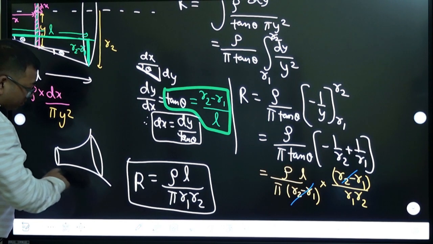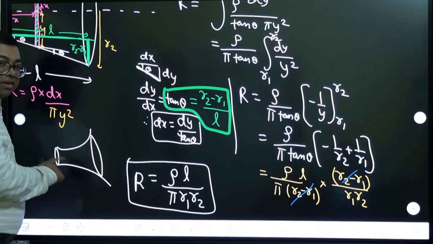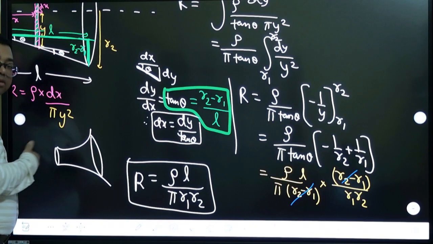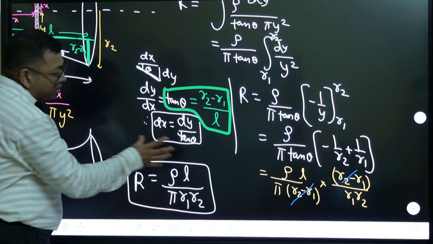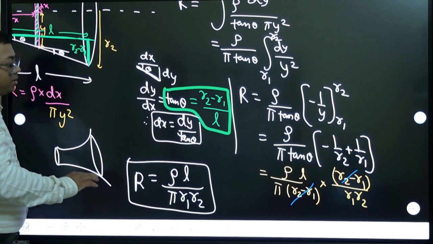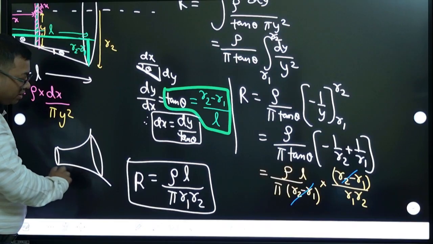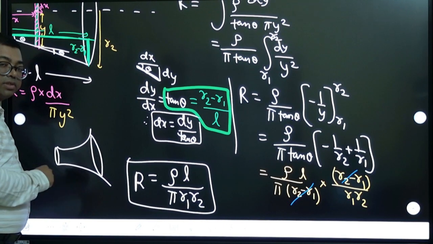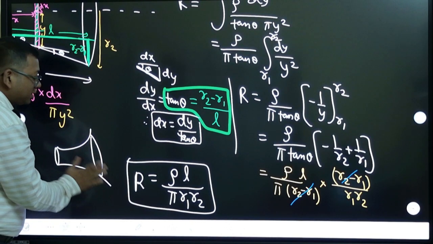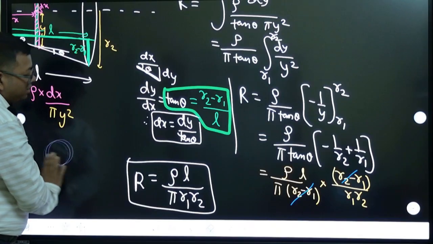They must give the equation of this graph. If they give the equation, then we can try to do the same way, calculating dy by dx. Here dy by dx is tan theta, constant, because it's a straight line, right? But in the case of a non-linear graph, the slope will also change. So if we know the function, we can do that. It is a little complicated. We can think about that later.